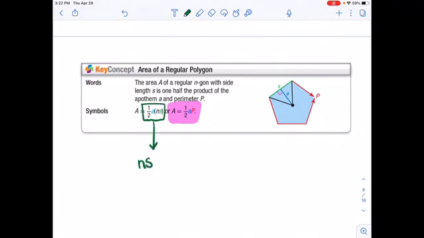N times s, or number of sides times the side length, is equal to p, the perimeter. You just break it down. I like this one because I can think about just taking half the apothem times the perimeter, and I know how to find perimeter pretty easily.